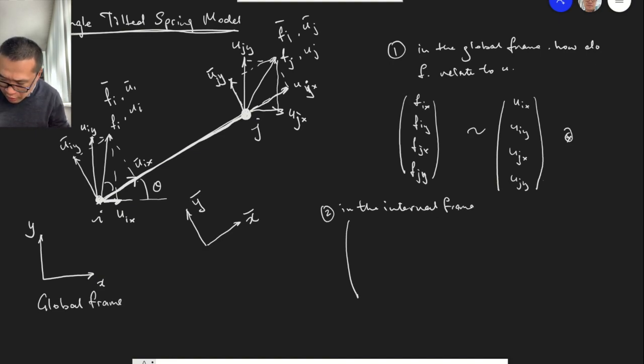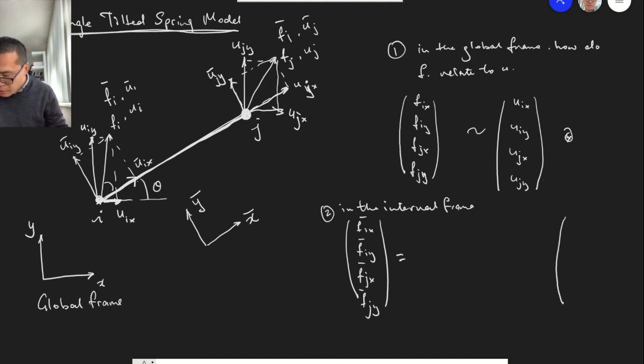I know how to write the relationship between FIx bar, FIy bar, FJx bar, FJy bar to UIx bar, UIy bar, UJx bar, UJy bar.